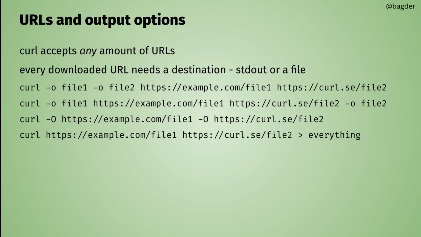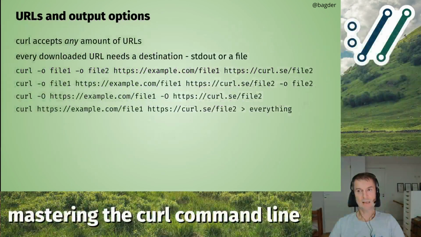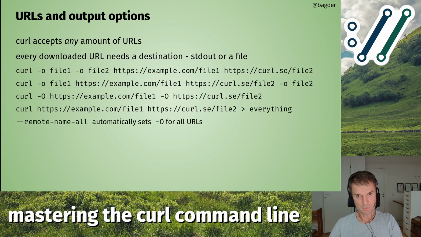Or you can just send everything out and redirect with a shell redirect, which means that the contents from both of these files will get into the same output, like the one called everything here. It's not that strange. You can also use --remote-name-all.